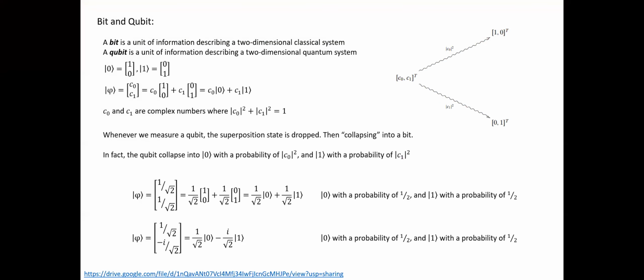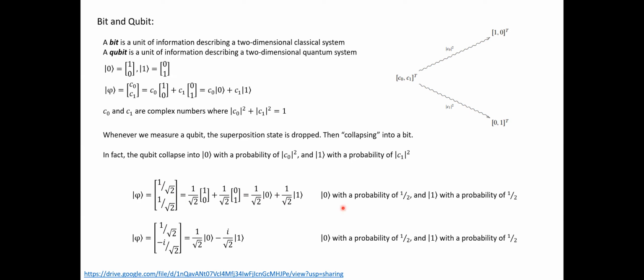So let me show you just two examples of what a state of a qubit could be. The first one is this. Those are complex numbers with the imaginary part equal to 0, but still those are complex numbers. If we rewrite this vector in Dirac notation, we will have this number.